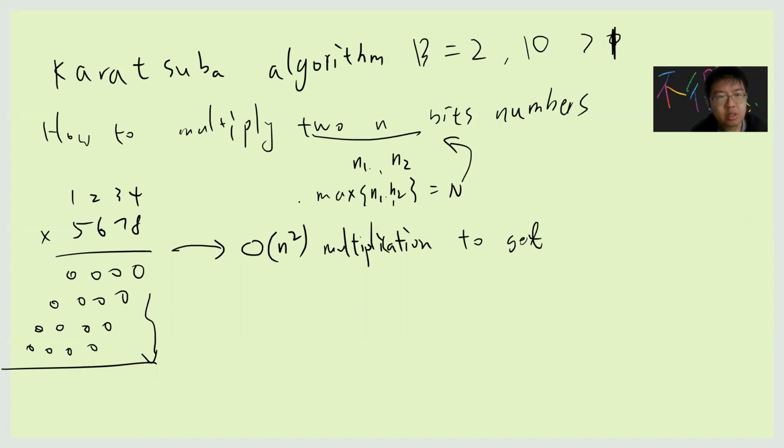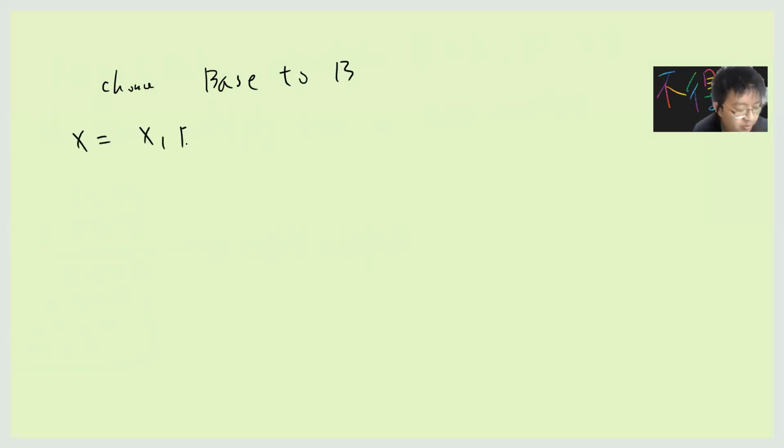Karatsuba came up with a very simple idea that you can solve this in an easier, more efficient way. Let's say you choose base to be b, and assume you can write x to be x1 b^m plus x0, and y to be y1 b^m plus y0.